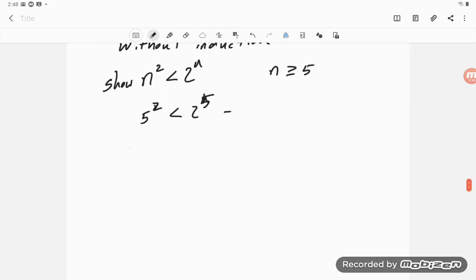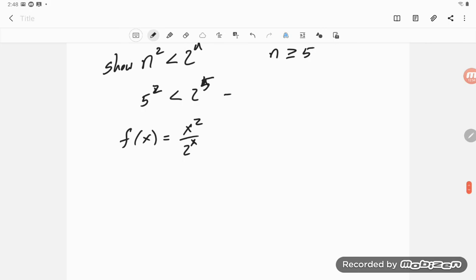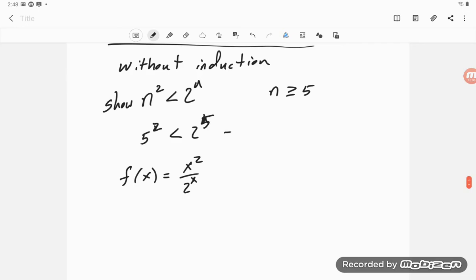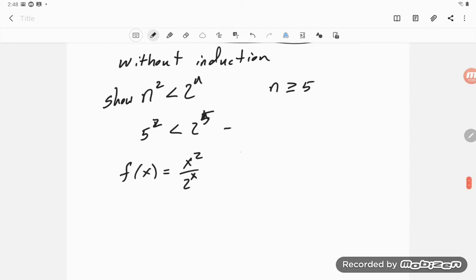But now let's think of the function f of x equal x squared over 2 to the x. At least this is the way I'm thinking about it: instead of showing n squared is less than 2 to the n, what if I show n squared over 2 to the n is less than 1, for n greater than or equal to 5?